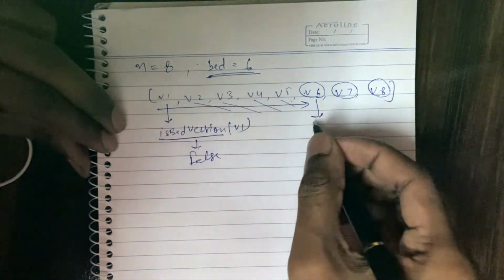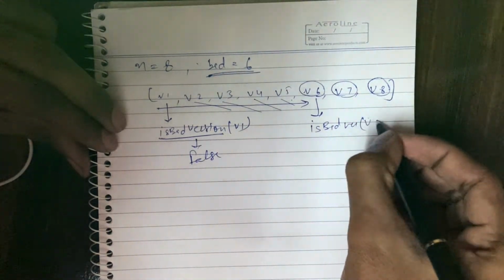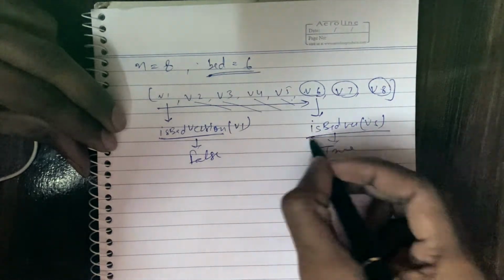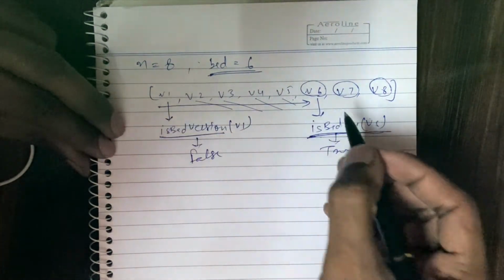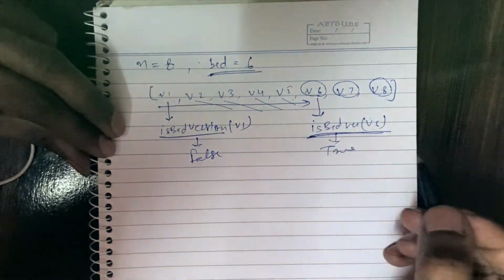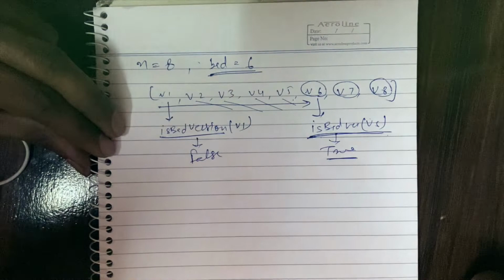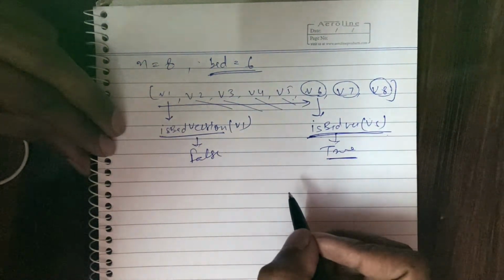For 6, it will give me true. So 6 will be my answer, because I am scanning from the front, and the first version which gives me true is my answer. It's a very simple approach, so let's try it.